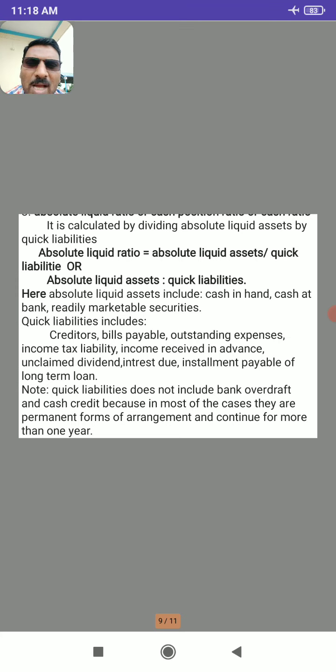Next one is the absolute liquid ratio. This absolute liquid ratio is calculated by dividing absolute liquid assets by quick liabilities.